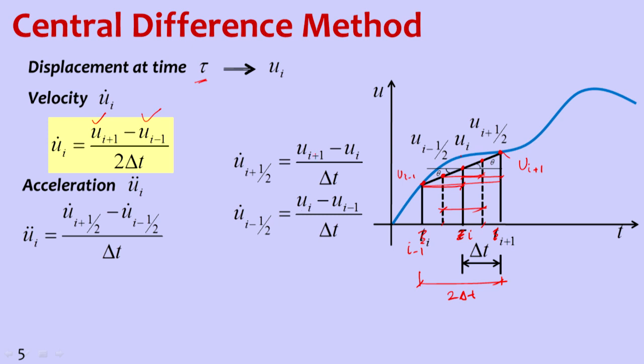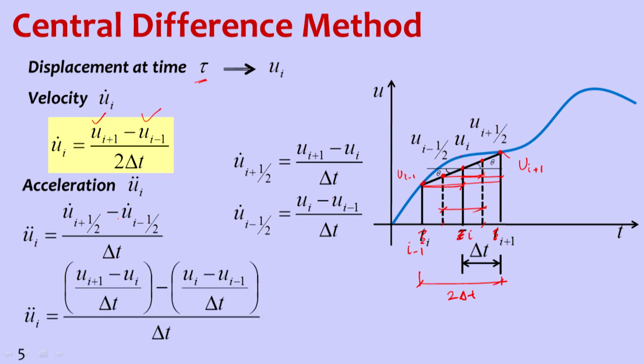Now if we substitute these two expressions, u dot i plus half and u dot i minus half, in this, and then simplify it, let us see how it looks. So I am substituting this here in place of this, and I am substituting this in place of this, divided by delta t. So you can see in this one, u i plus 1 remains. So now here u i, u i, so here minus sign, here minus sign.